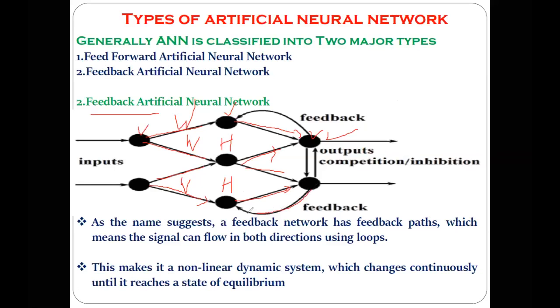From the output layer, some particular information is sent back to the previous layer, to the hidden layer. Understood? And this sending back of some data or information to the previous layer is called what? The feedback. Understood? Feedback. Now, what actually is this feedback, and when is it required?